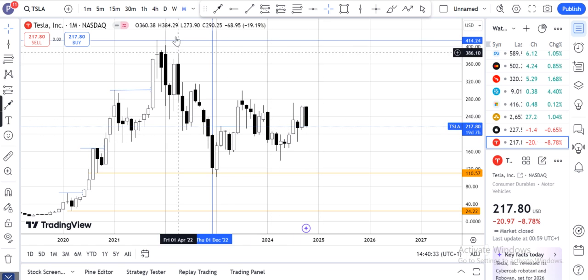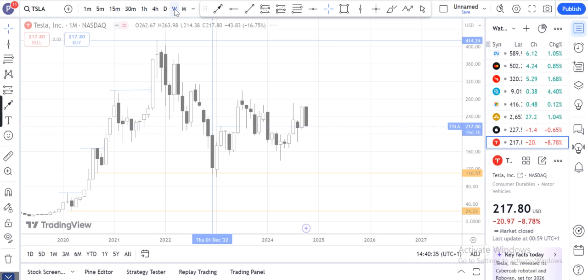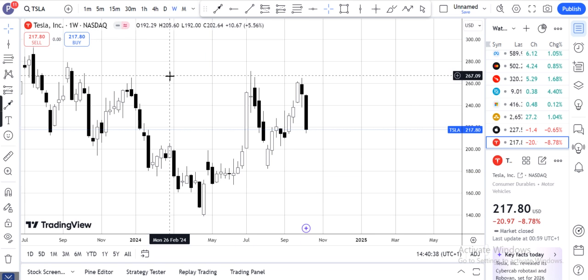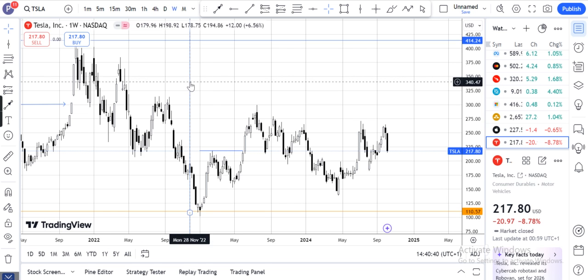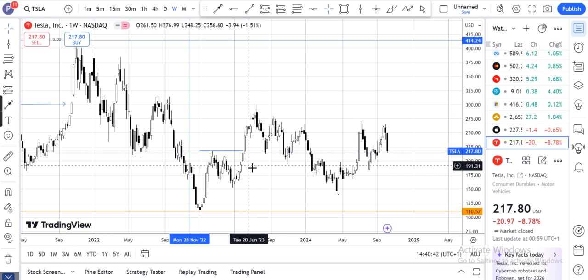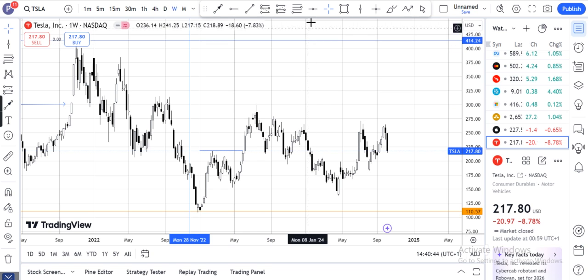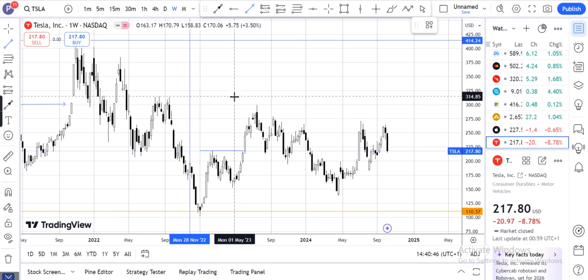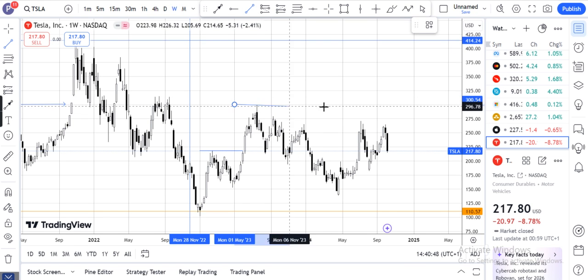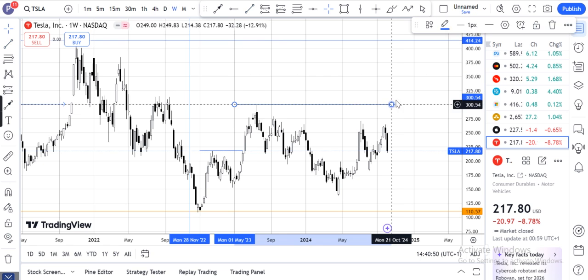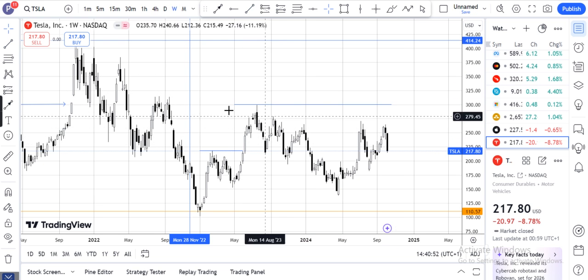So one thing we can simply do is go to the smaller time frame, which is the weekly time frame. On the weekly time frame, we can clearly see that we have a new high. This is our new high.